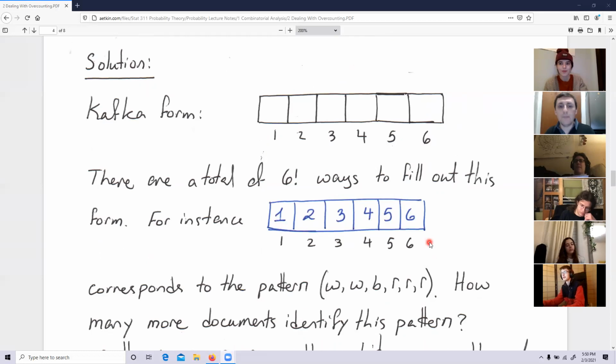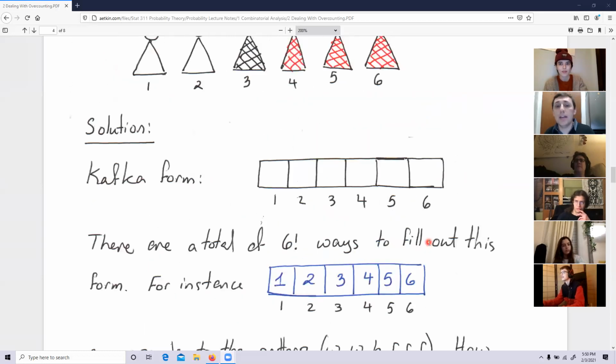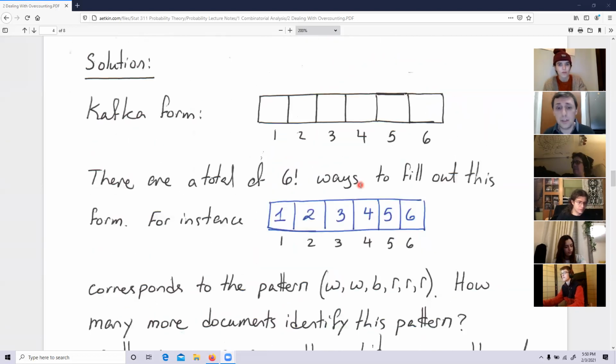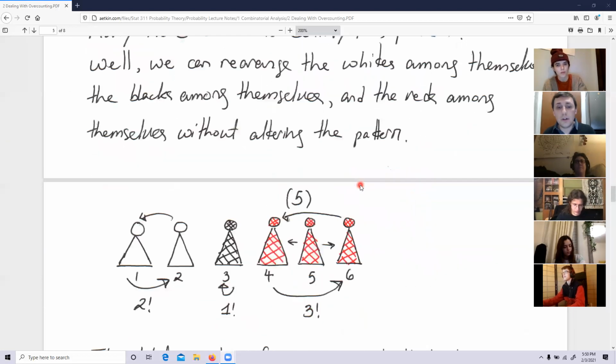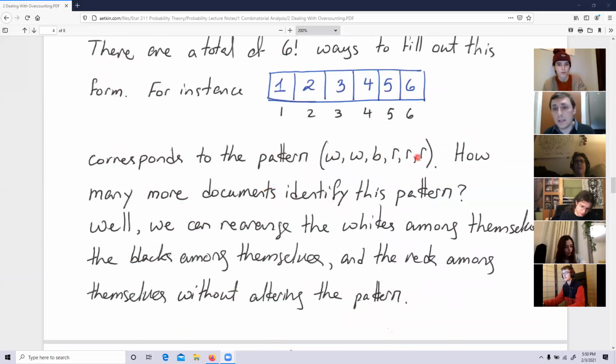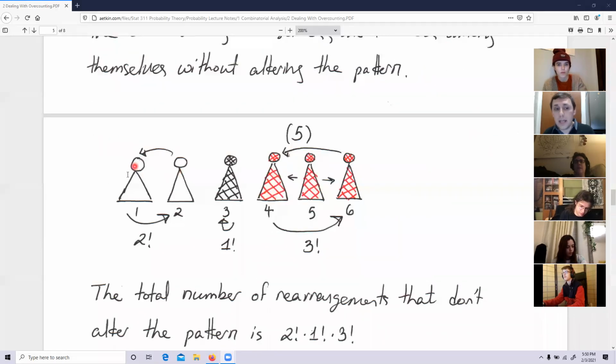So the question now is for any given distinguishable pattern, how many synonyms will it have? If for any distinguishable pattern you have the same number of synonyms, then you can carry out that procedure for overcounting that we just described, right? So you can clearly observe that, for instance, for the outcome white, white, black, red, red, red, I can carry out any rearrangement of the whites, any rearrangement of the blacks among themselves, and any rearrangement of the reds among themselves.